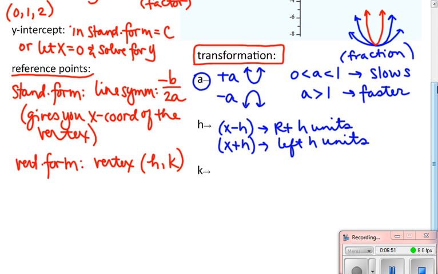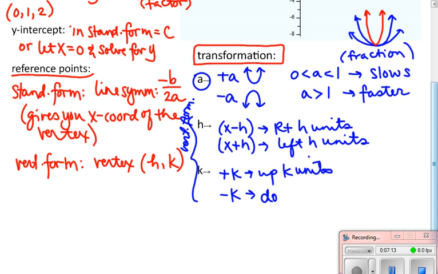So you can take that vertex and move it left or right h units. Now again, these are in vertex form. k is going to be your up and down. So if you have plus k, you go up k units. If you have minus k, you go down k units.